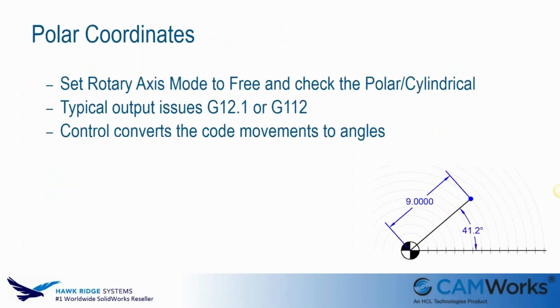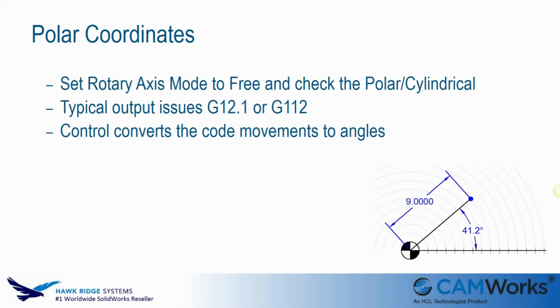Going back to our presentation here, the next thing I wanted to talk about was polar coordinates, and basically getting a little bit of an understanding about how you output, what's going to happen on the posting side, and basically how the control interprets that data.